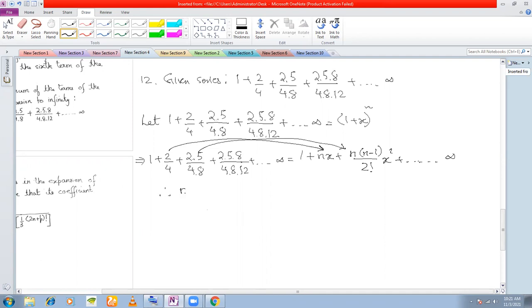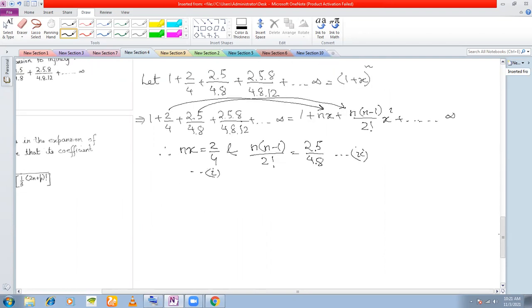So therefore nx is equal to 2 by 4 and n into n minus 1 by factorial 2 is equal to 2 into 5 by 4 into 8. Now we are going to solve these two equations. So this is equation number 1 and this is equation number 2. Okay, so let's solve. So from 2, starting with 2, this is n into n minus 1 x square.